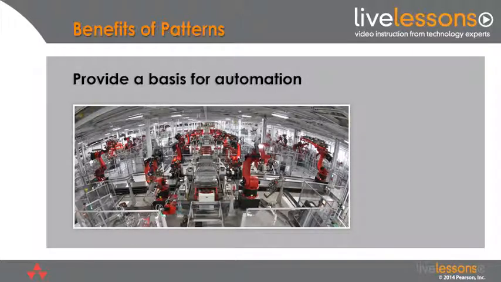Another benefit of patterns is it helps to provide the basis for automation. Sometimes the automation is relatively simple. For example, we talked before about how patterns over time basically codify best practices and design conventions and programming conventions. And oftentimes the most useful of these and the most long-lived end up being realized in the form of programming language features.